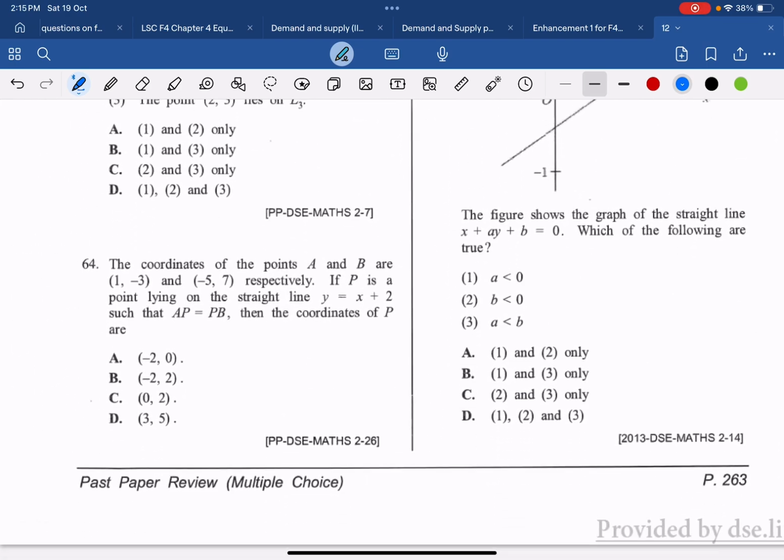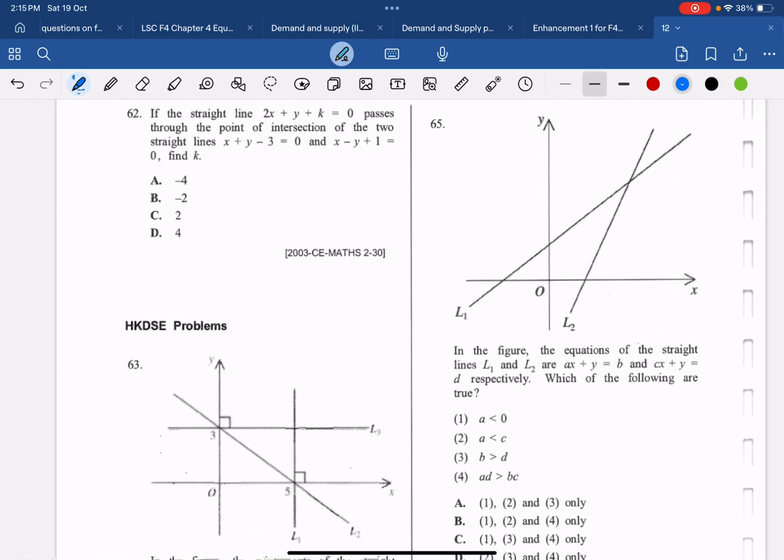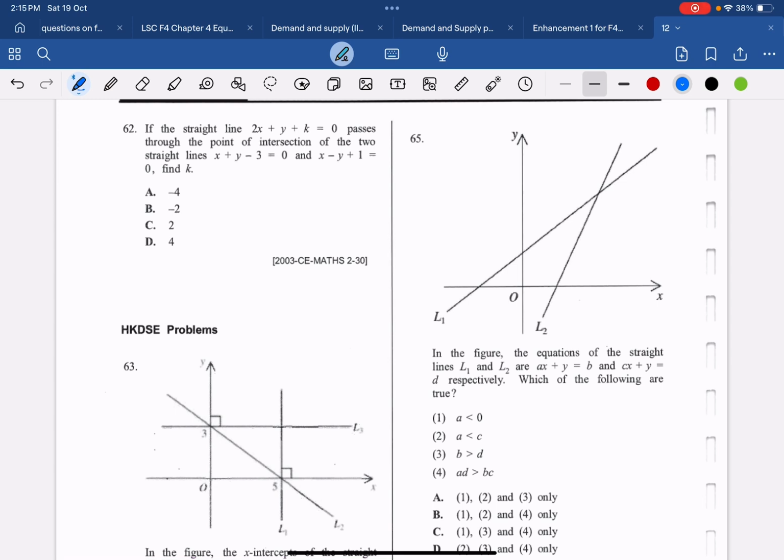And then more questions on this question type. So let's go to 263. You try to do it, okay? Let's see. So the equation for this line is ax plus y equals b. And then the equation for L2, which is this line, is cx plus y equals d.